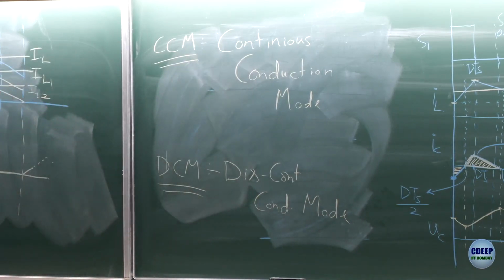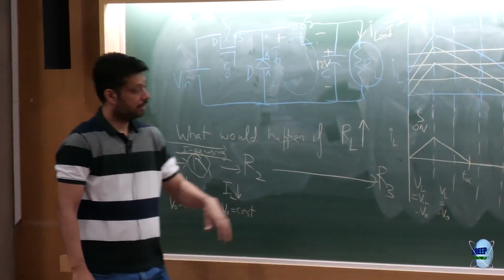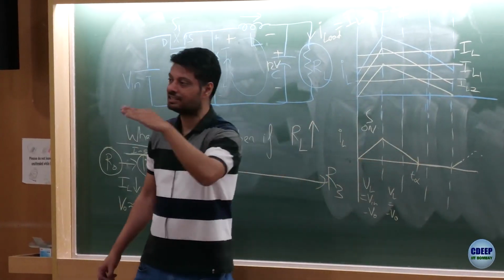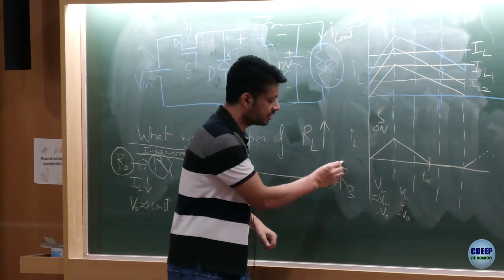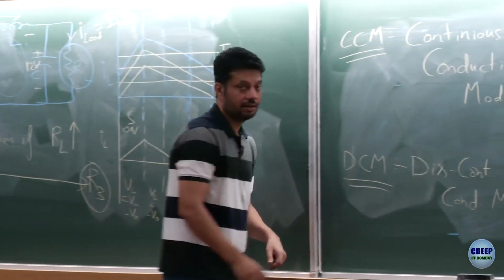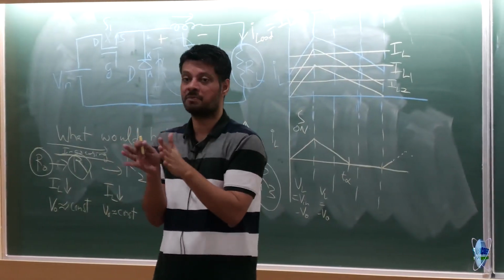Right, we call it CCM or DCM. CCM stands for continuous conduction mode, which was the case with R0, R1. Case R3 is where the current comes to 0 and it remains at 0 for some time. We call it discontinuous conduction mode. So discontinuous conduction mode means the current should touch 0 and should remain at 0 for some finite duration.